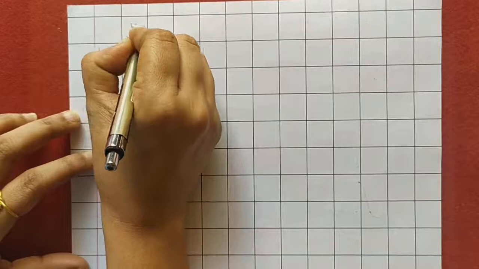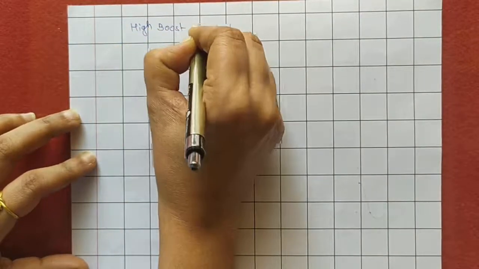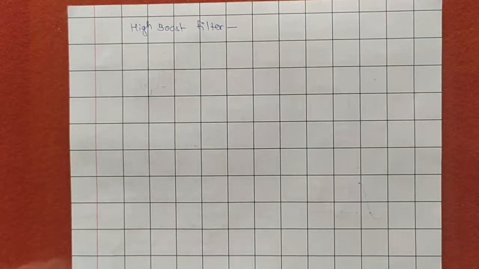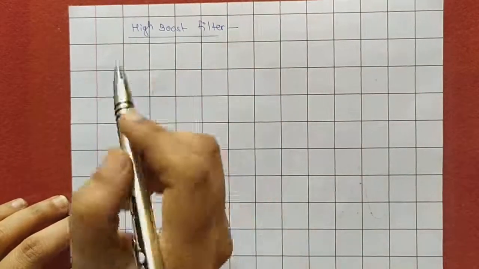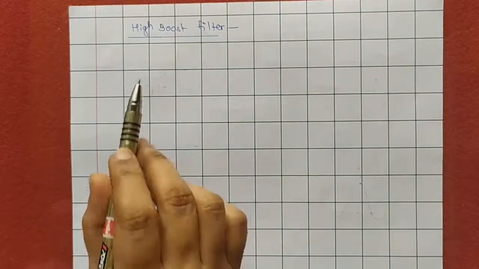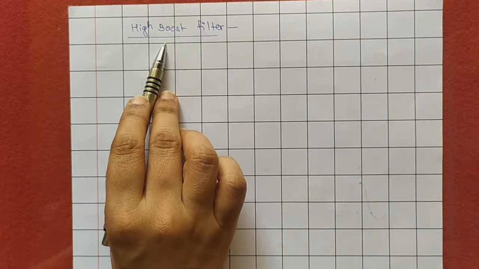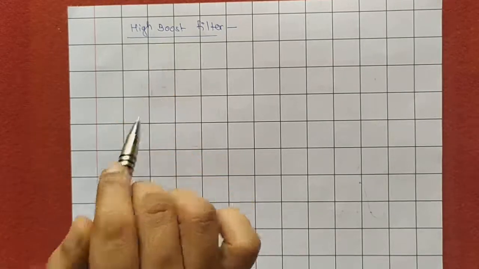Next filter is the high boost filter. There is one problem with high pass filtering: whenever it is performed, the overall background, which has low frequency region, is removed. There are certain applications where the background should be retained. In that case, we can use high boost filters, because in a high boost filter, along with the high frequency, some low frequency region from the image is kept.